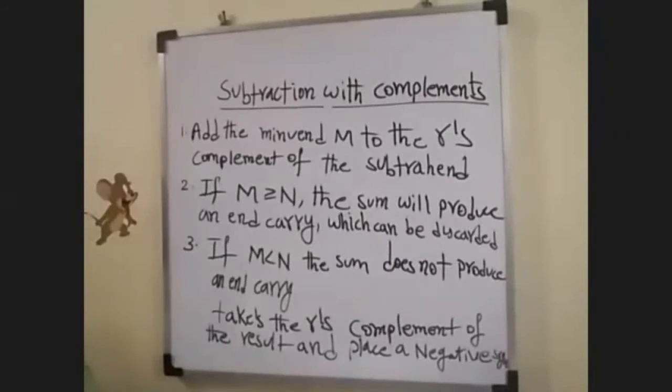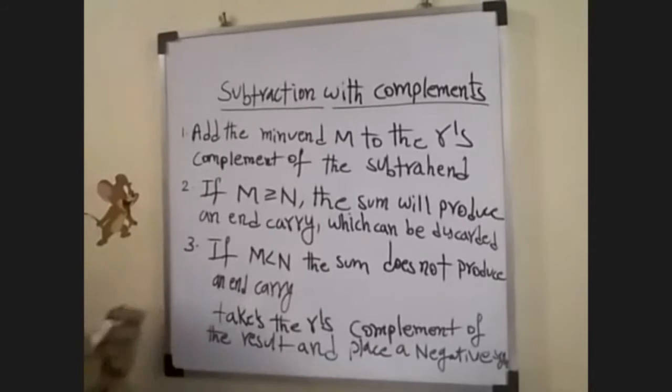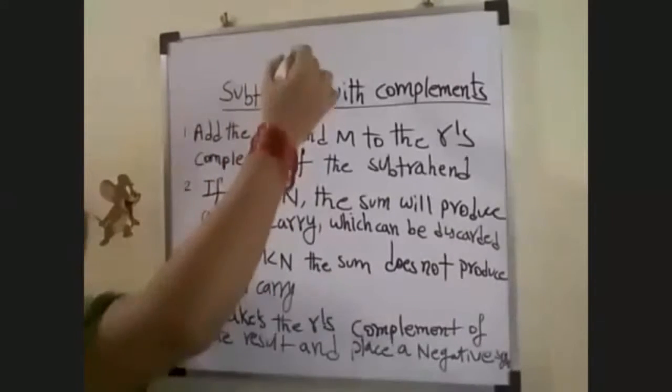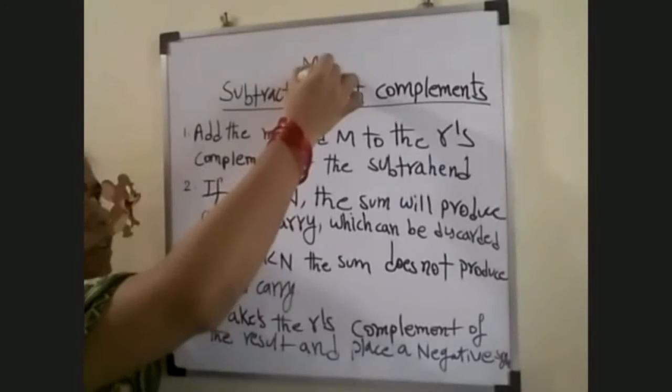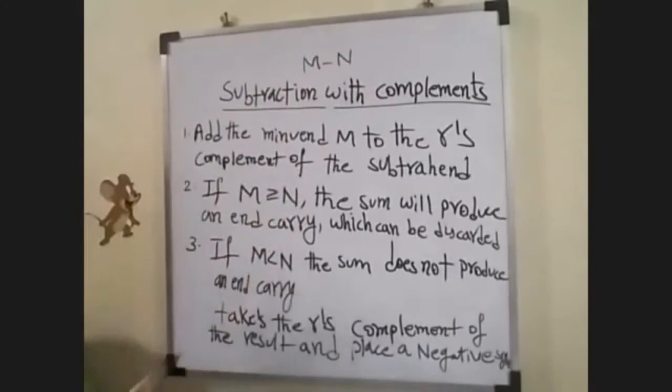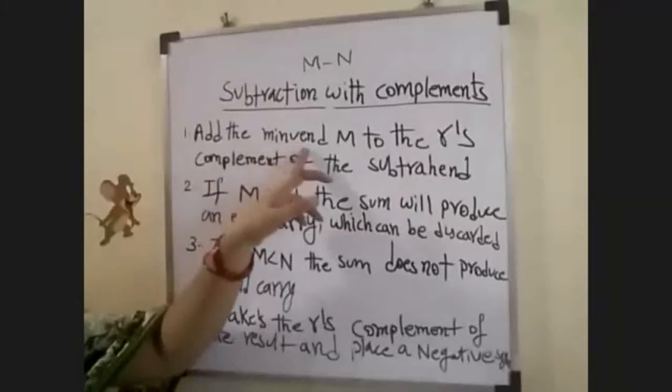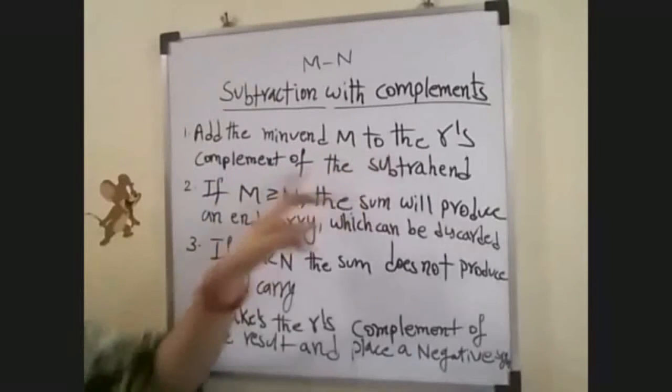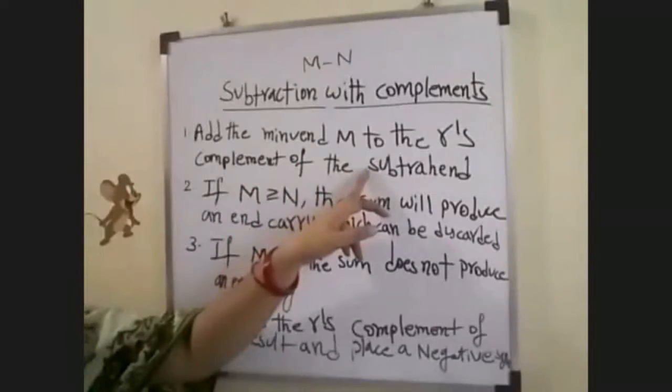For example, M minus N. Suppose M is one number and N is one number. Add the minuend M to the complement of the subtrahend.